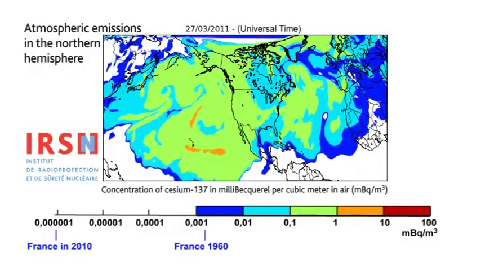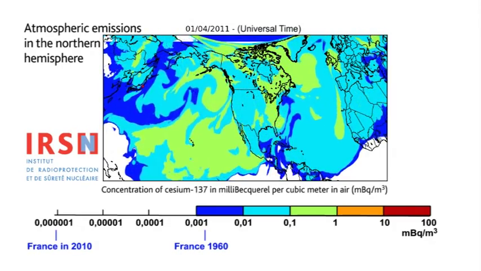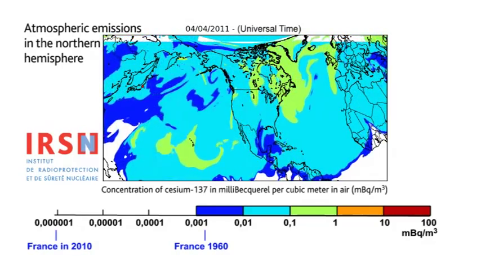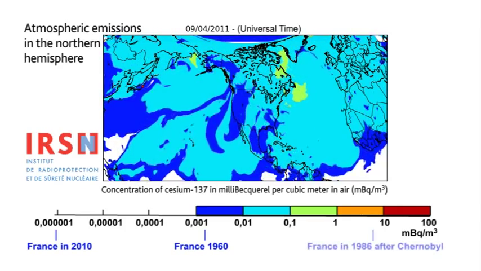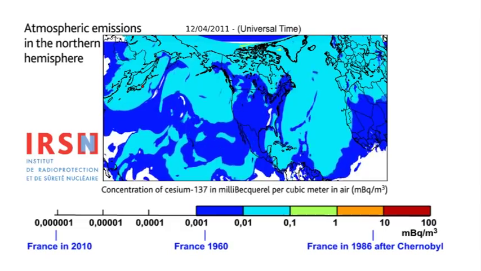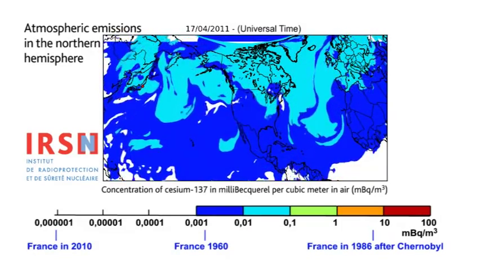France measured the same level of radioactivity in the air from Fukushima as occurred in the 1960s when nuclear weapons were tested in the atmosphere. However, radioactive levels are far less than what was observed after the Chernobyl accident in April of 1986.